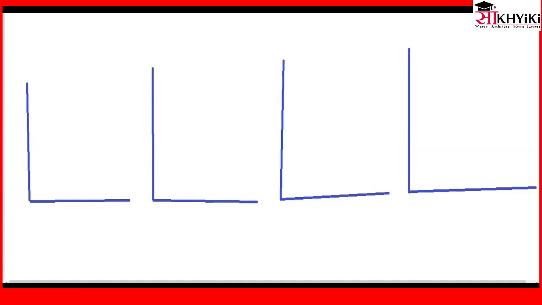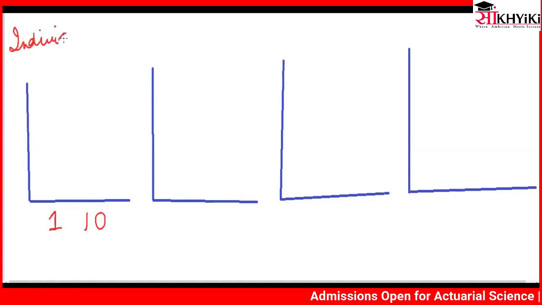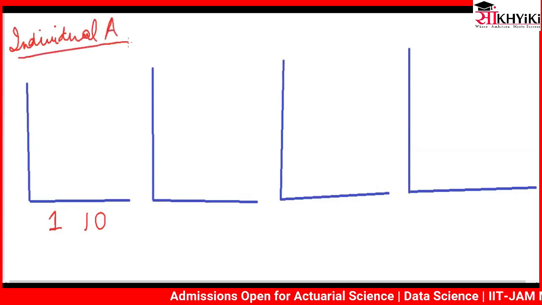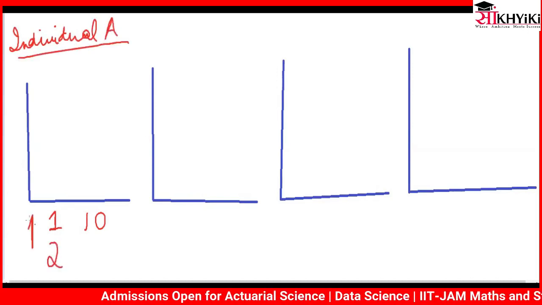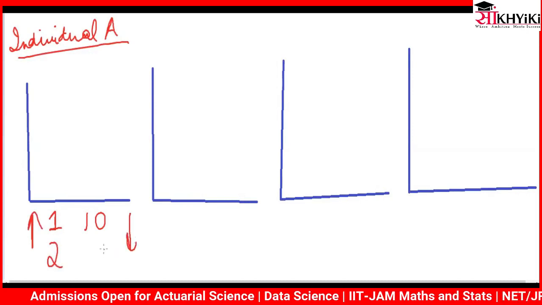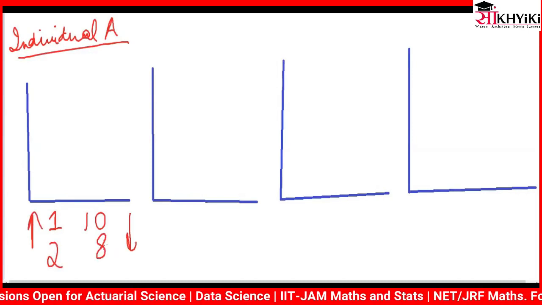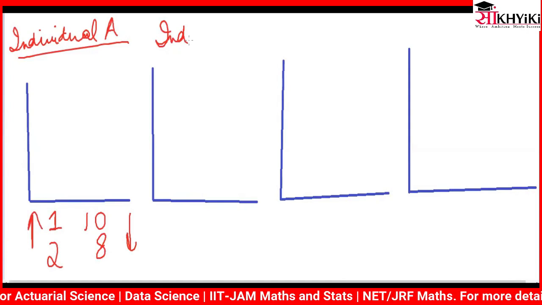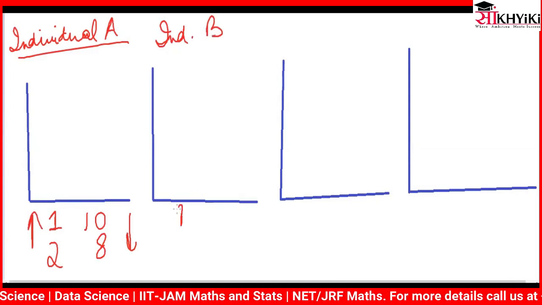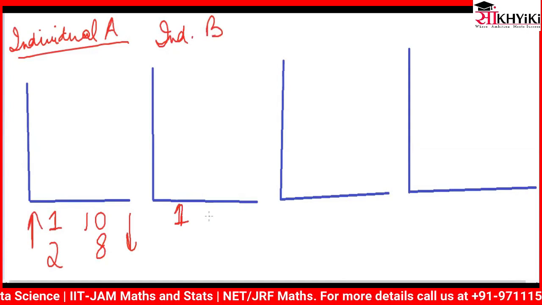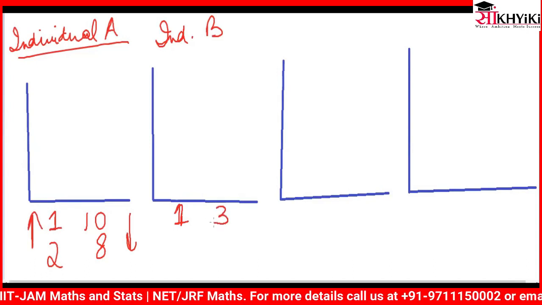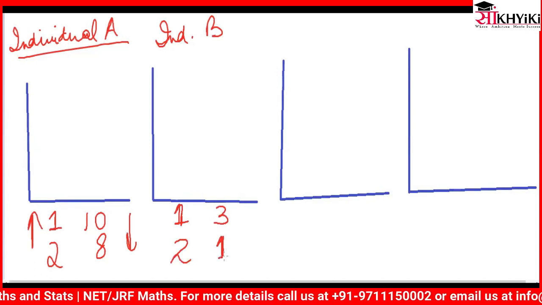So let's say that at price 1, the individual demands 10 units. This is individual A. And as price increases, demand decreases to, let's say, 8 units. Similarly, I have individual B. So at price 1, individual B demands 3 units. At price 2, he demands 1 unit.